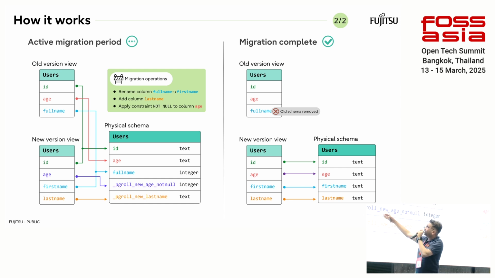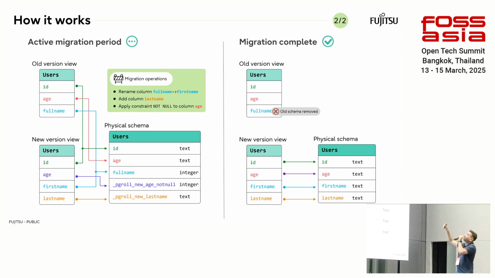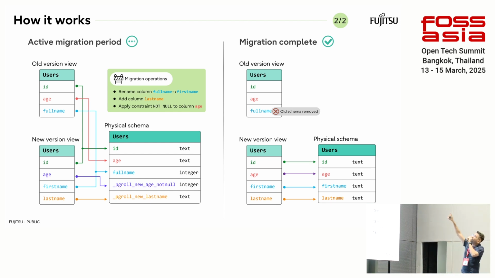Also, based on that, it creates a new version of your view based on the final desired structure of your physical table. Once we are satisfied with all the changes, we are going to finalize those changes. After finalizing the changes, the older version of the view is removed, and your physical schema structure is a completely identical copy of your view.